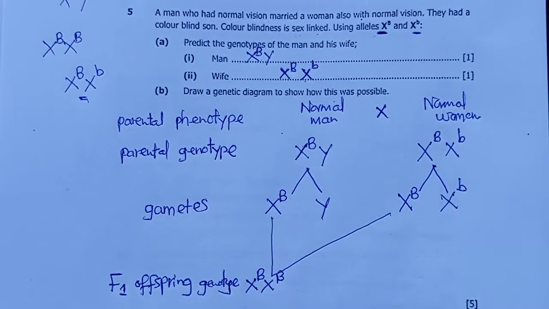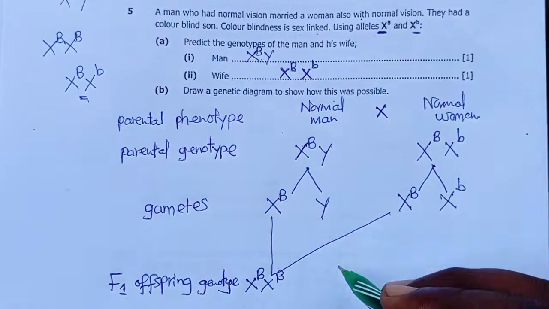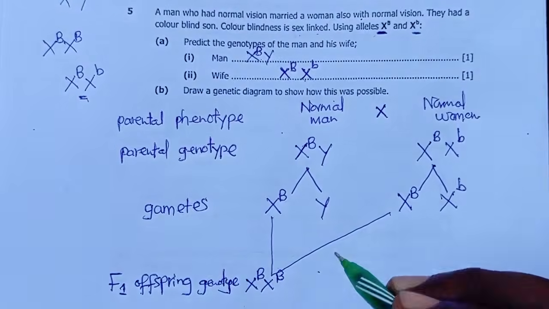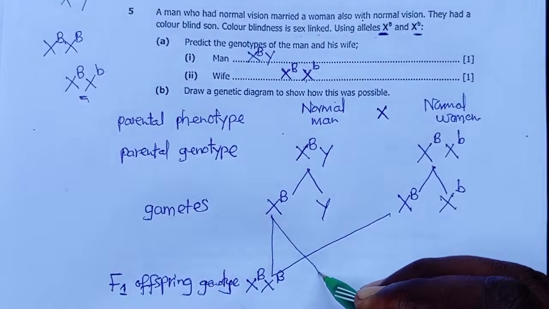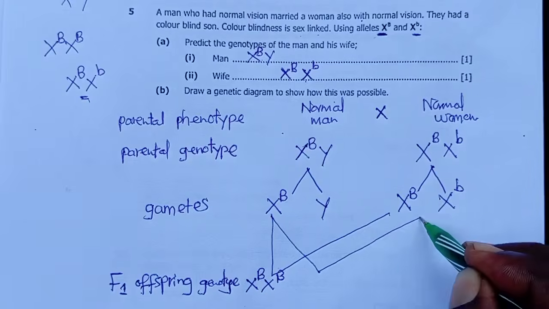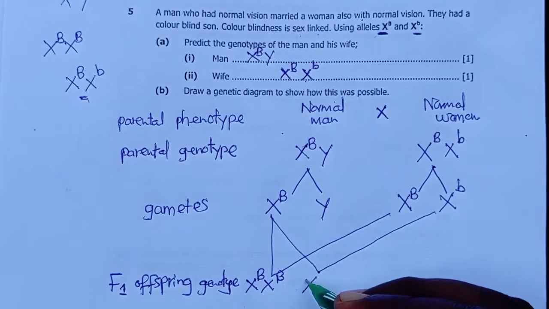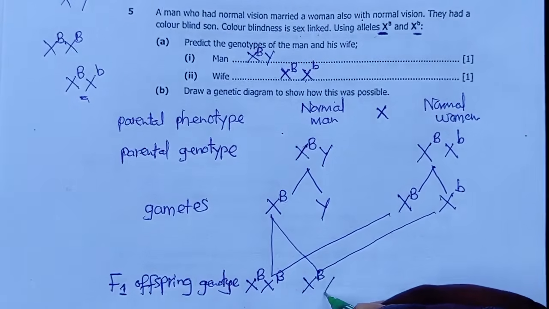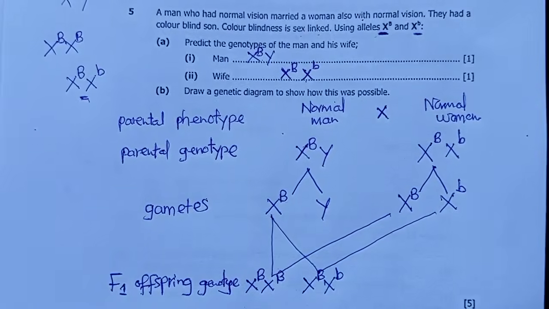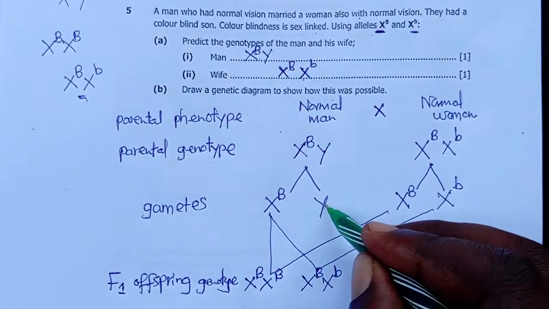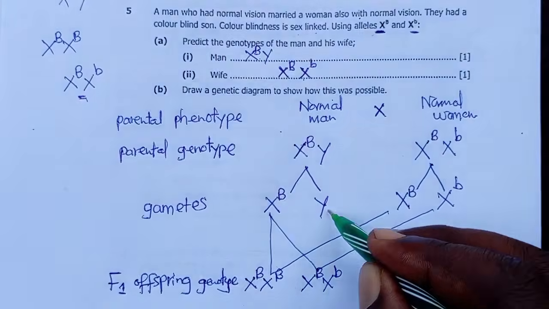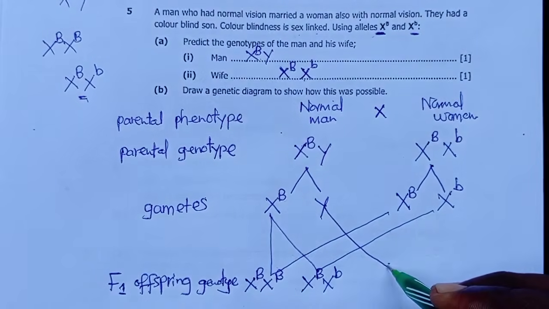So meaning that down here, we are going to form the F1 offspring phenotype. This one first comes here, and goes there. So that is X capital B, X small b. Then this one comes here and goes there.